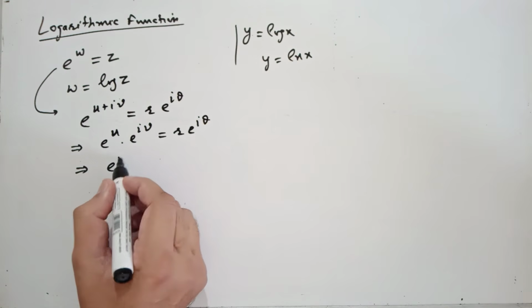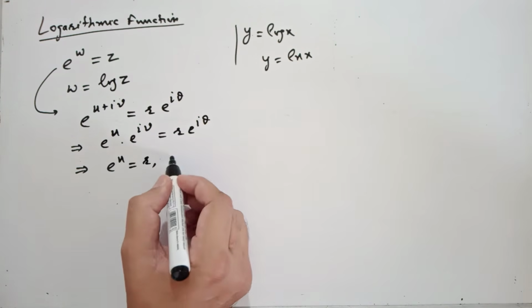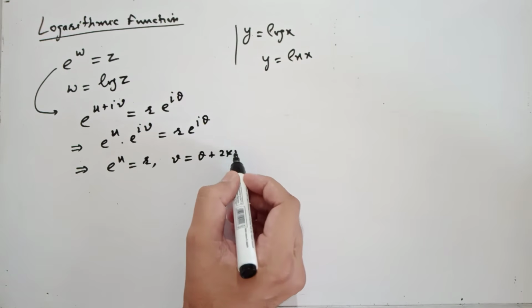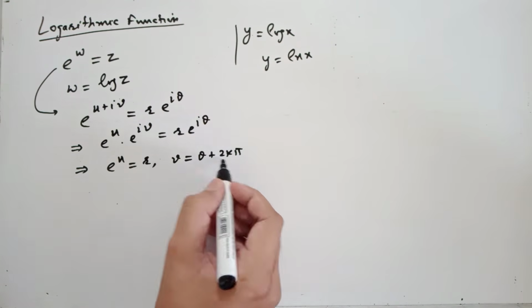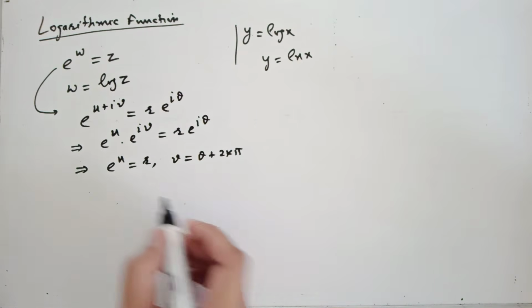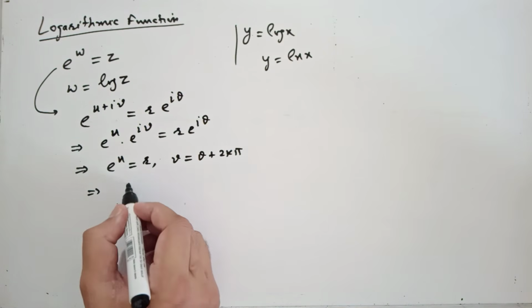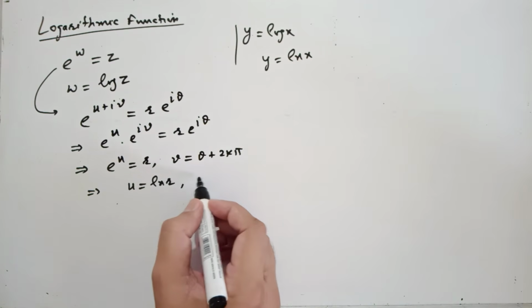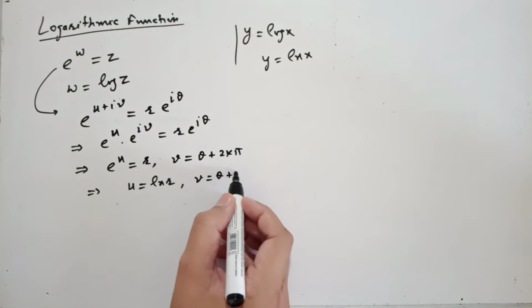Now e power u equal to r and v equal to theta plus 2k pi. These arguments can differ by a multiple of 2 pi. You know that we discussed this point in the previous lecture: equality of two complex numbers in polar form. From this, what is u? It's natural log of r, and v is again theta plus 2k pi.